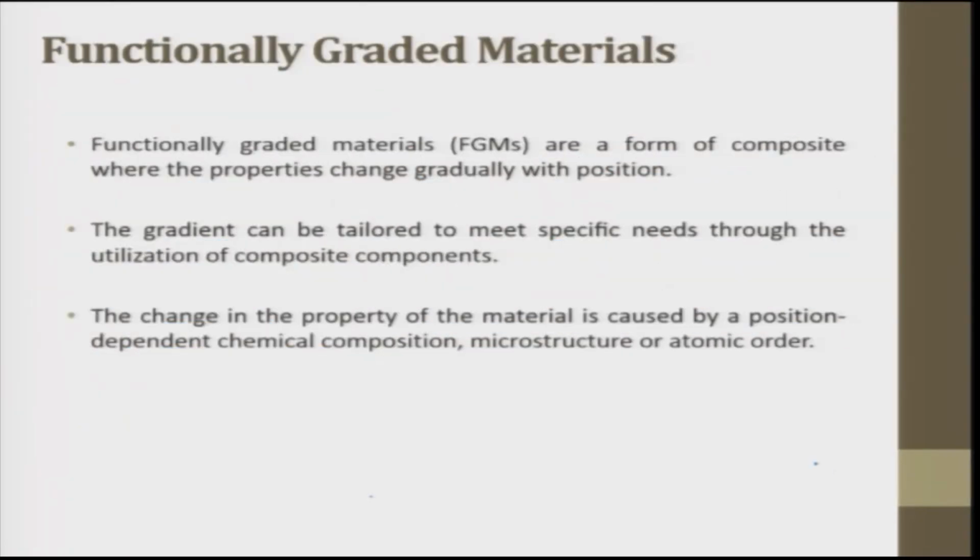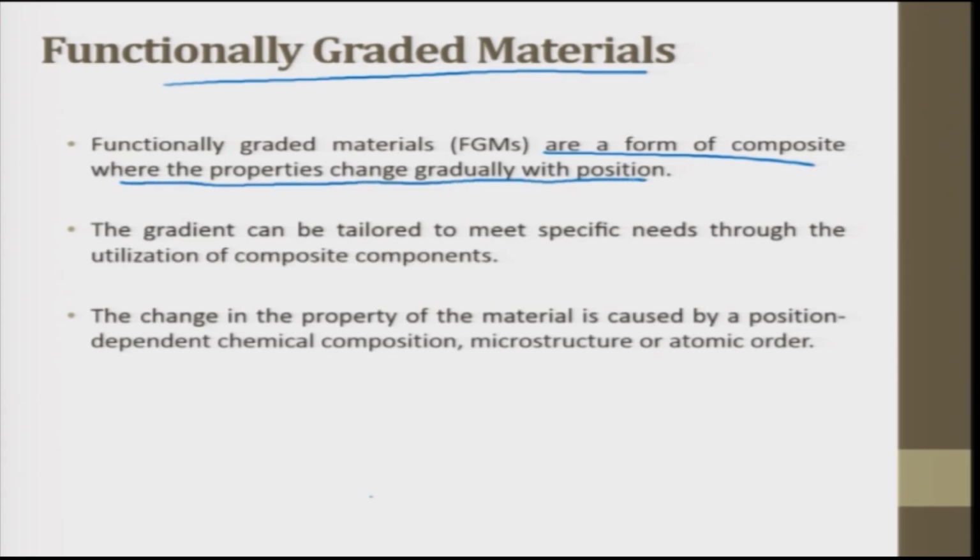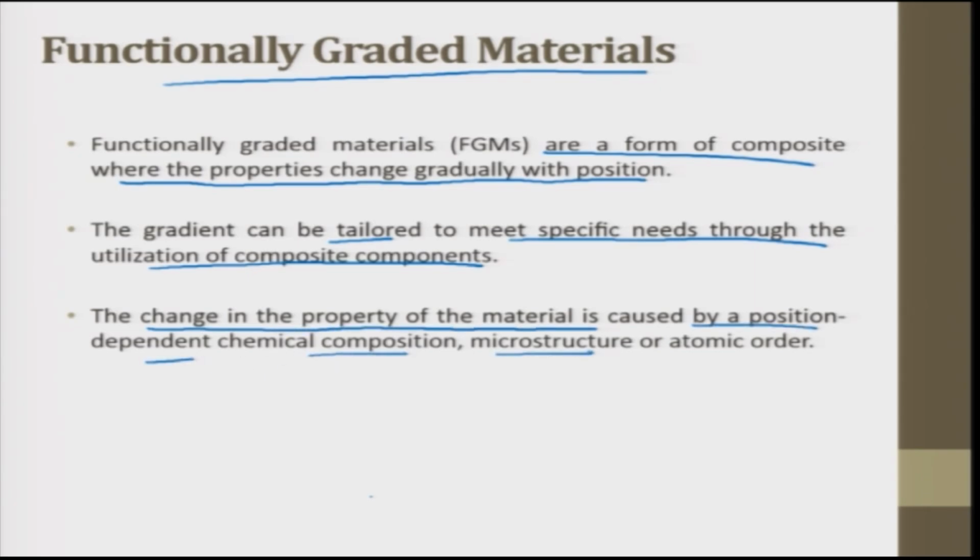So, next is functionally graded materials. As I said, functionally graded materials are a form of composite where their properties change gradually with position. The gradient can be tailored to meet specific needs through the utilization of composite components. The change in the property of the material is caused by a position dependent chemical composition, microstructure or atomic order.